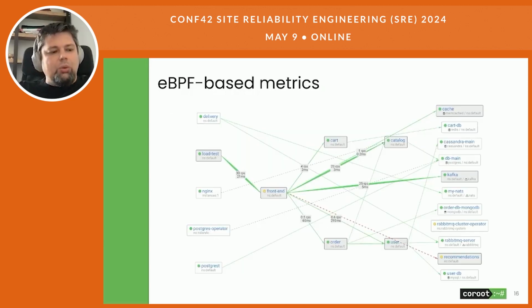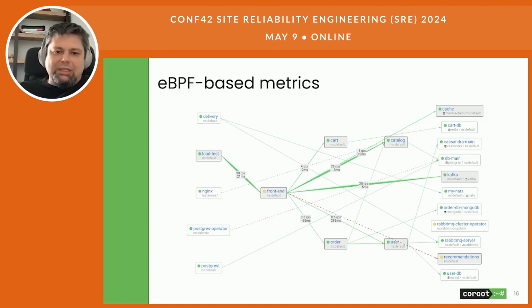As a result, we can instrument all our distributed system and understand how components of such a system communicate with each other, latency between any particular services, status of TCP connections between them, and so on. So we can see, for example, that the front end communicates with services such as cart, catalog, and so on.